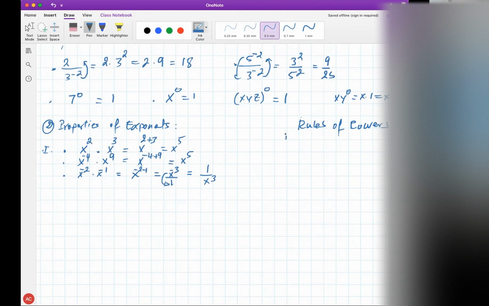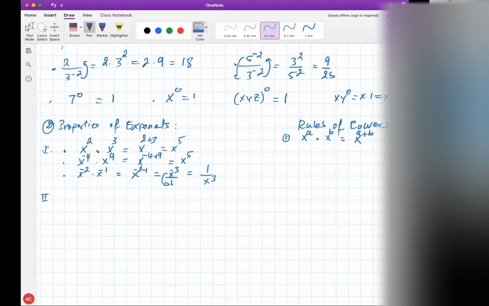The first one we just saw says, if you have any base x to the power a, and you want to multiply that by the same base but to a different power, what is that equal to, in general? x to the power a plus b. That's right. Just add whatever powers you have, combine them. They could have different signs, like I said, but combine them based on that. That's the first rule.